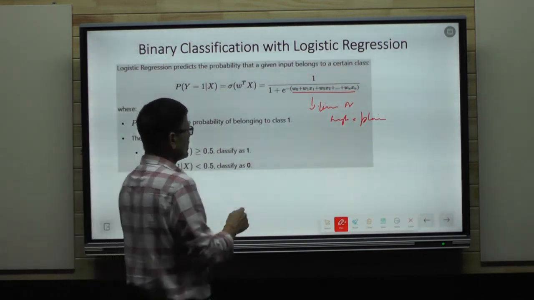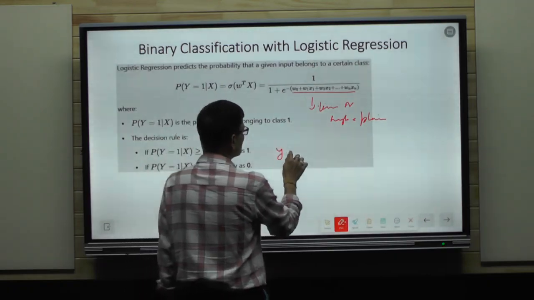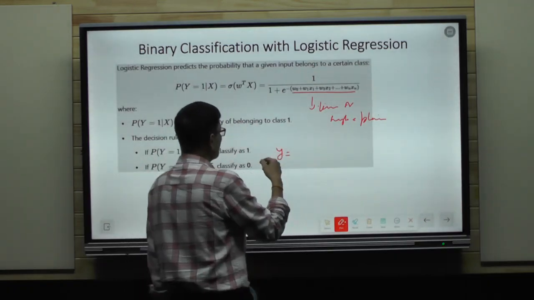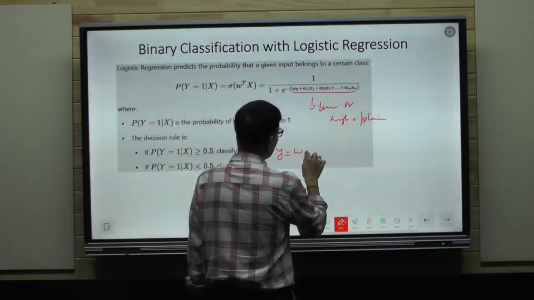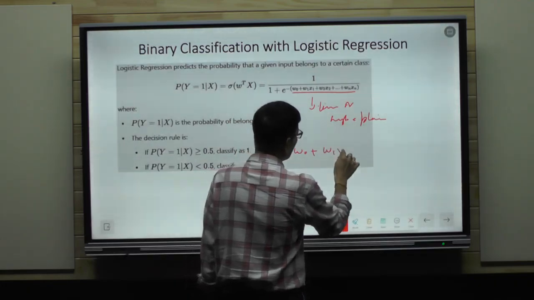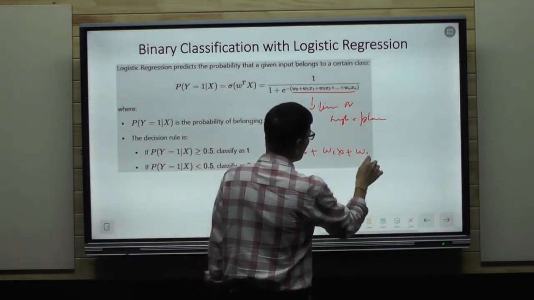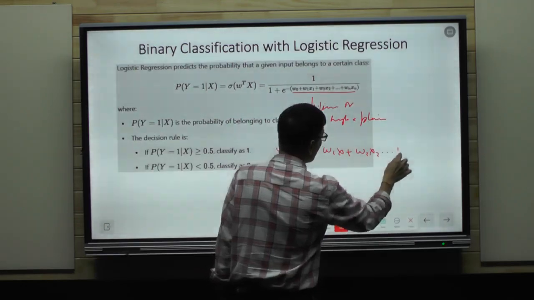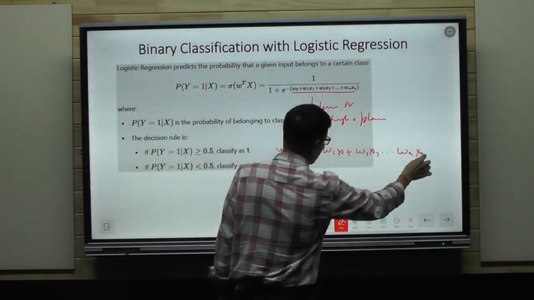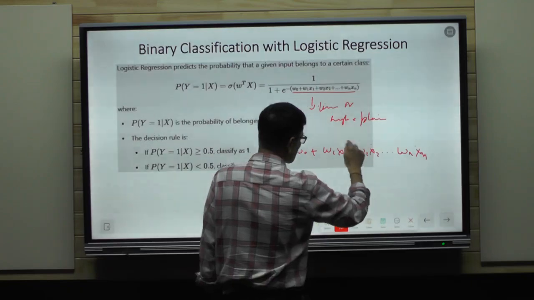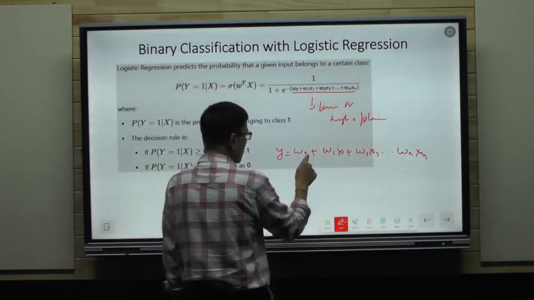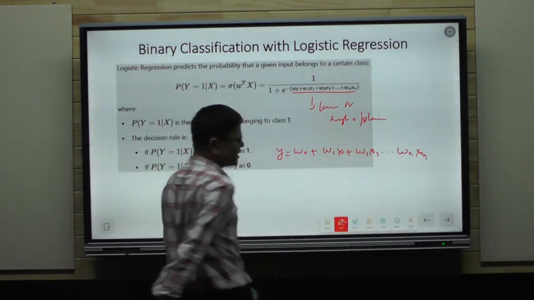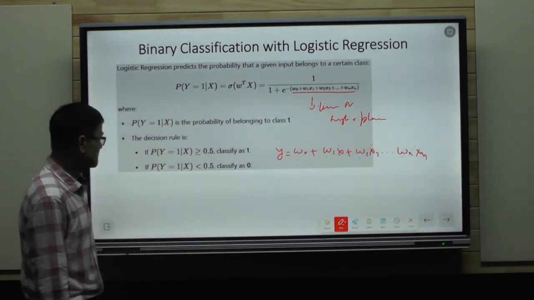So what we can write is y equals, or let's say z, and again remember these x are the features and all w's are the coefficients.